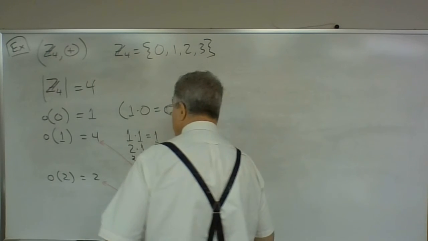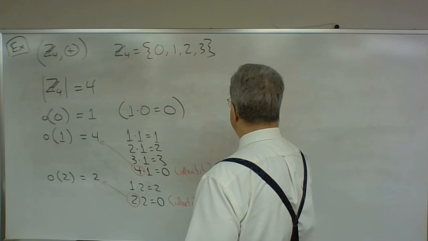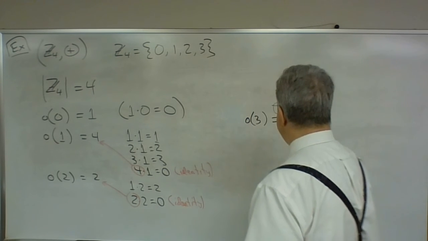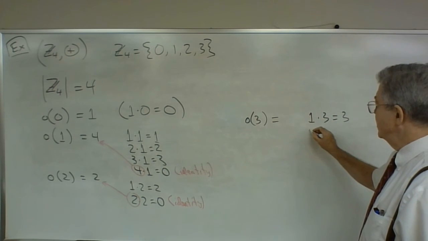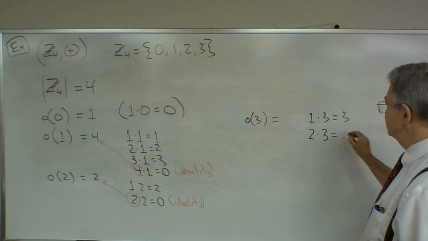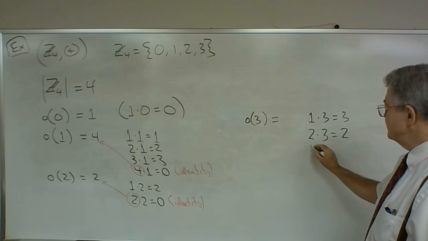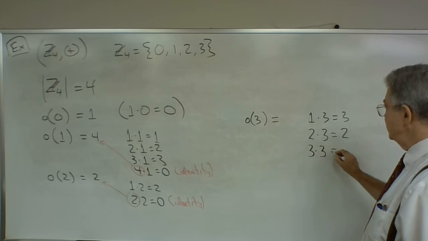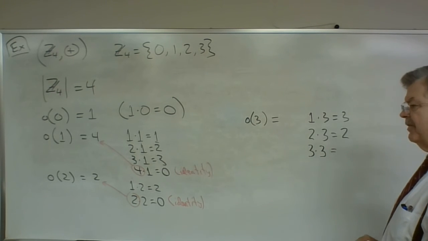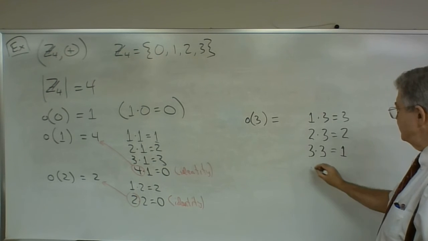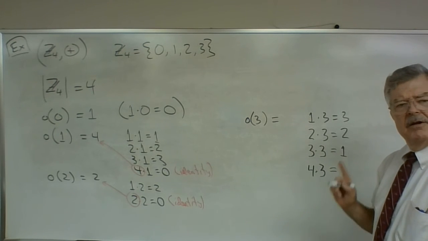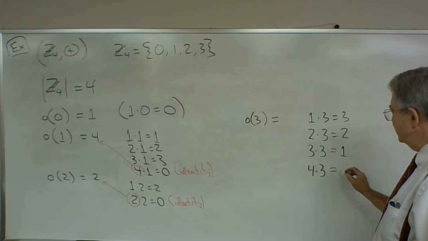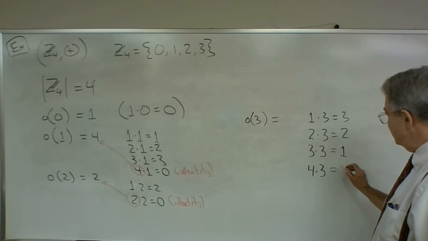And we have one more. The order of the element 3, what is that? 1 times 3 is 3 mod 4. 2 times 3 is 6, but that's congruent to 2 mod 4. 3 times 3 is 9, but that's congruent to 1 mod 4. 4 times 3 is 12, but 12 is congruent to 0 mod 4.